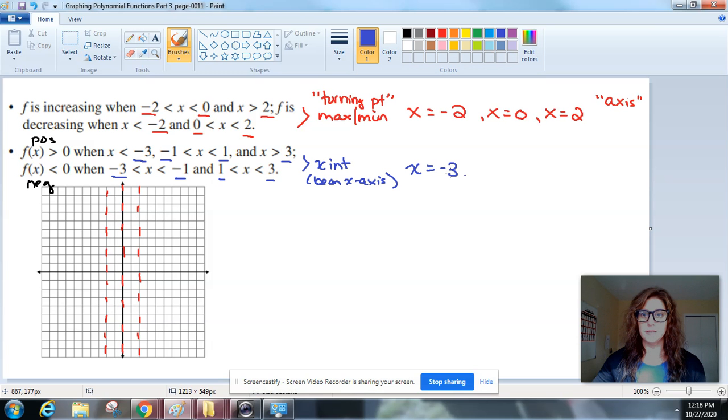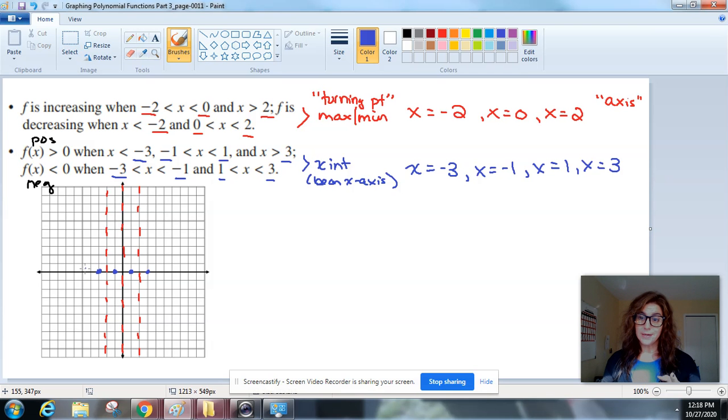So again, I know these important numbers. Those are my x-intercepts. So I can plot those right on my graph and be ready to go. So here's -3. Here's -1, +1, and +3.